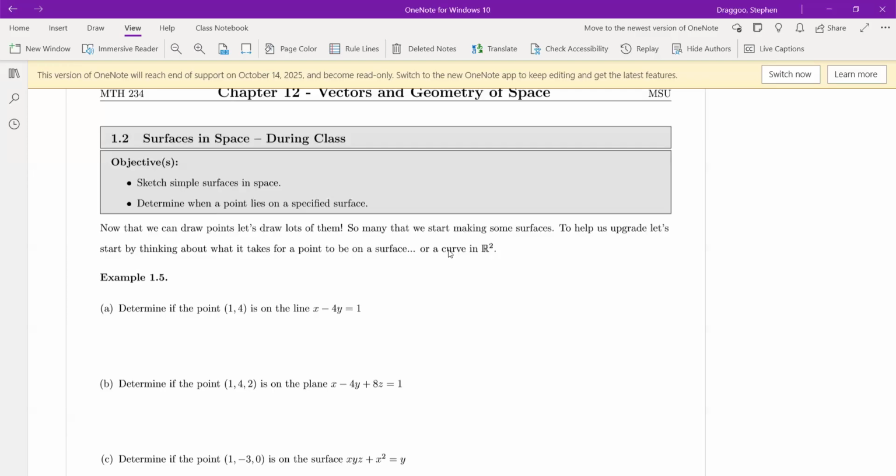So we want to look at the distance formula in 3 dimensions. As a quick reminder, back in 2-space, the distance formula was the difference in x values, so x2 minus x1 squared, plus the difference in the y values squared.